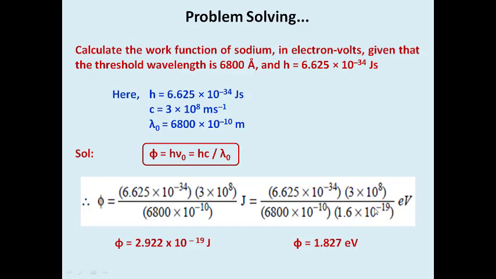Using this, you get the final value in electron volts. The work function of the sodium metal plate with respect to the values given here is 1.87827 electron volt. This is one simple problem based on the topic we discussed.